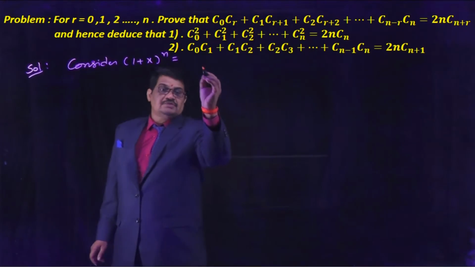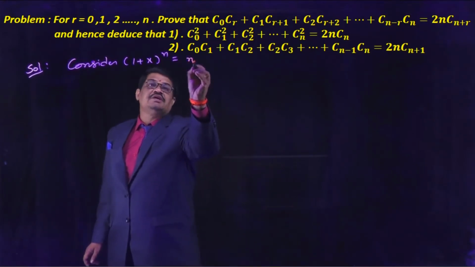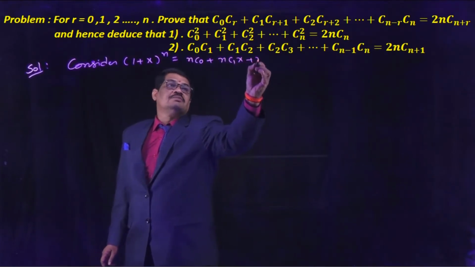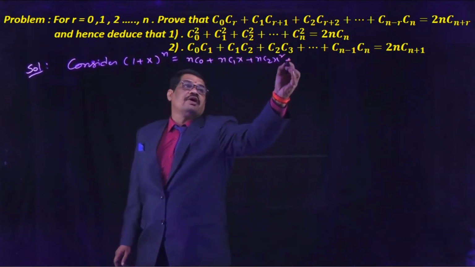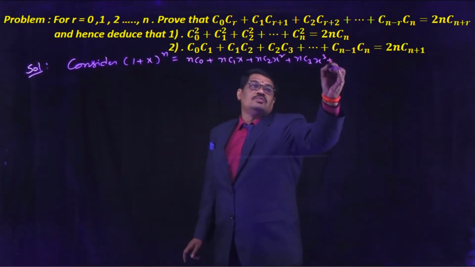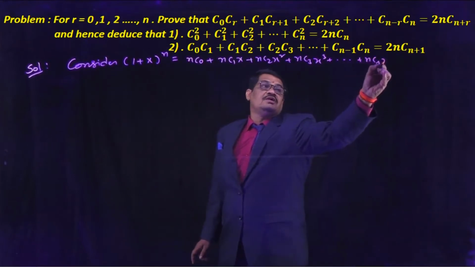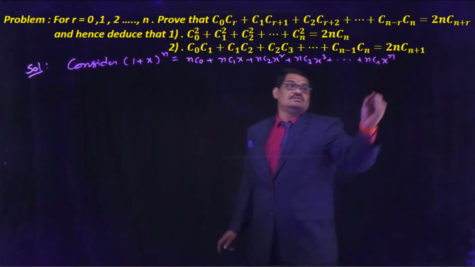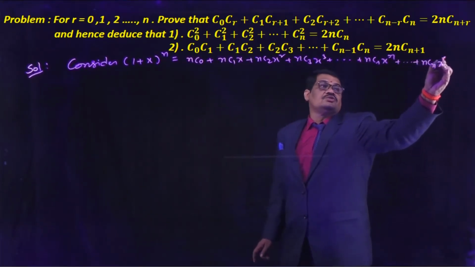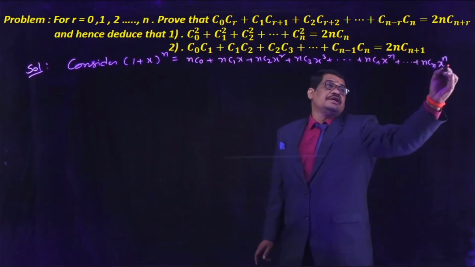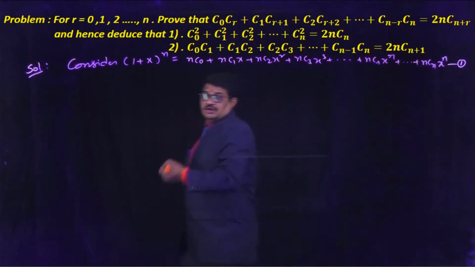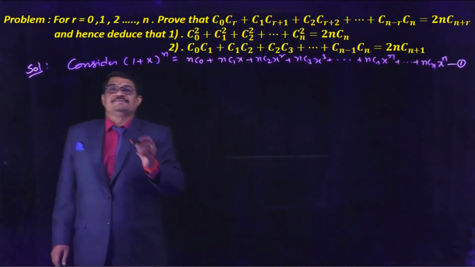That is nC0 + nC1 x + nC2 x² + nC3 x³ and so on + nCr x^r + so on + nCn x^n. That is equation 1.